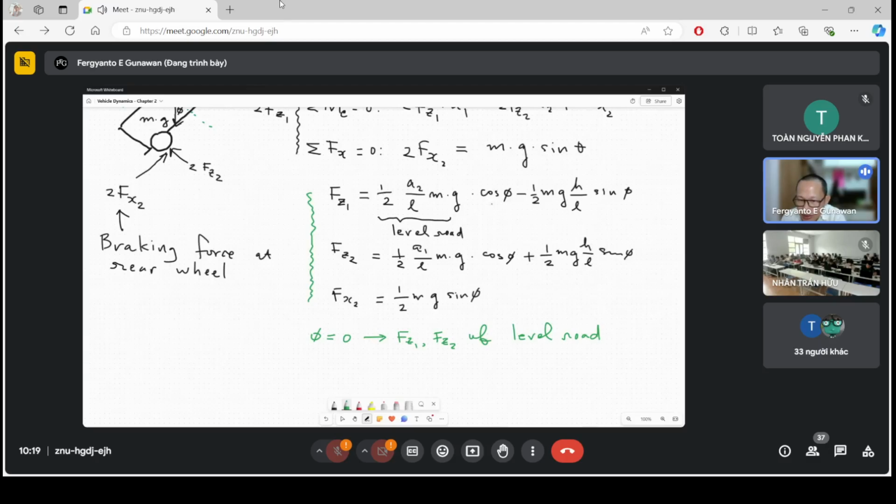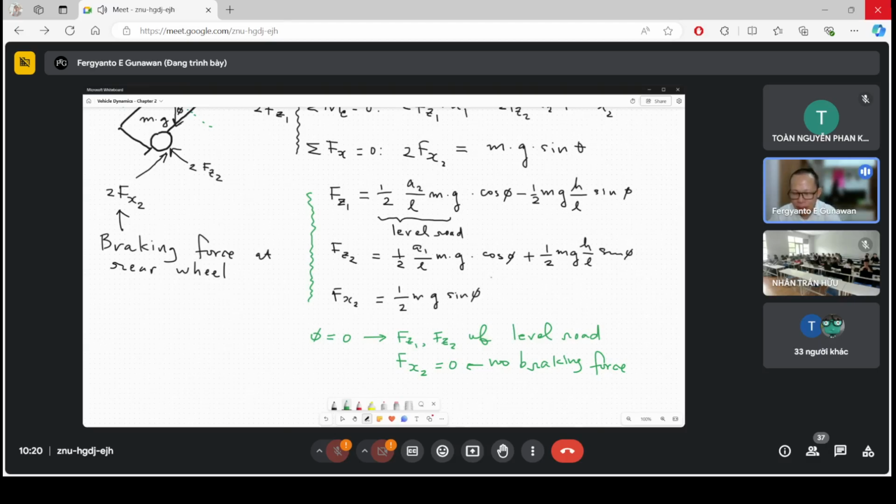So if this is 0, this will be 1, this will be 0, and in the case of the level road, Fx2 will be 0. So no braking force. Okay, so you have to keep in mind these are the equations that you obtain.